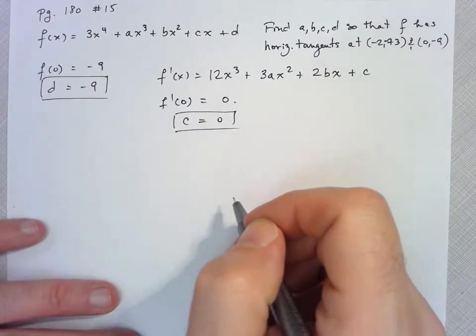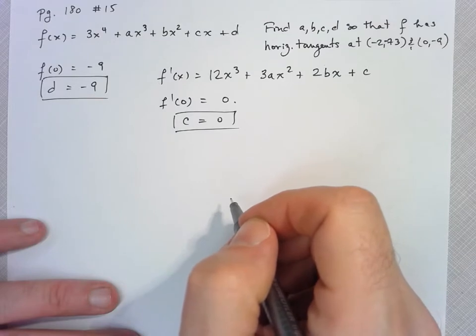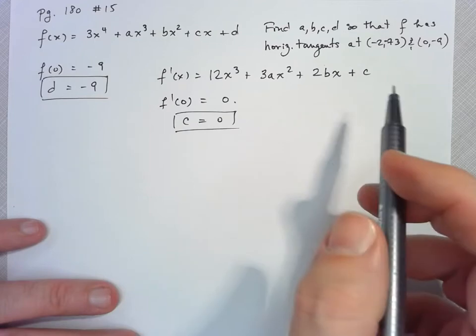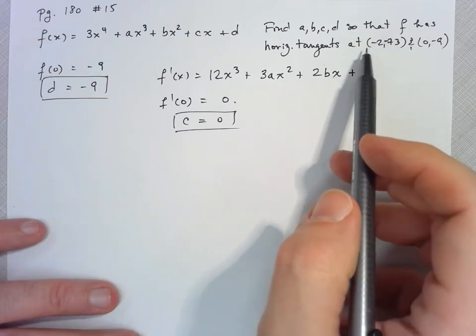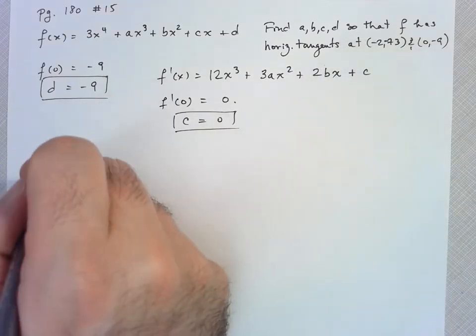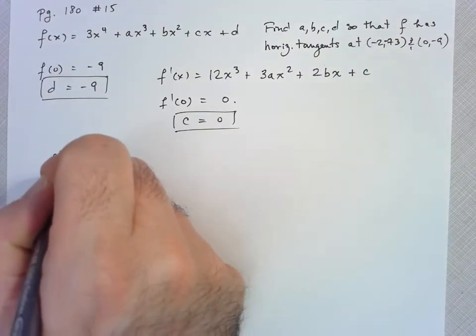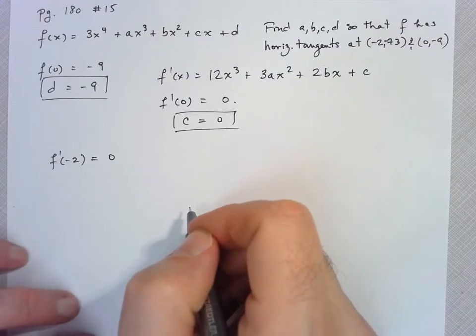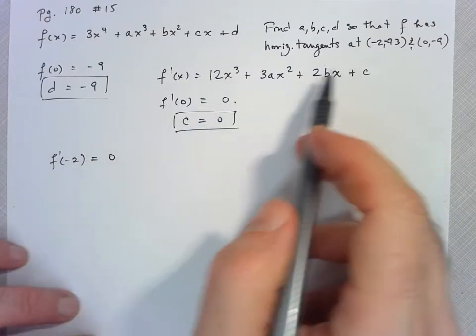Okay, so I'm going to keep going with the derivative here, and I'll now use the fact that at -2 we have a horizontal tangent. So that means that f prime at -2 needs to also be equal to 0. Okay, so let's stick -2 into the expression here.